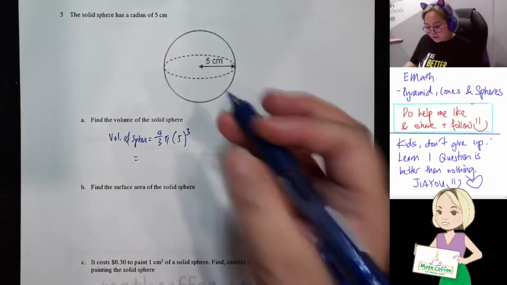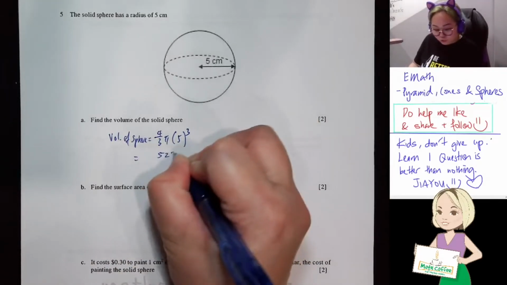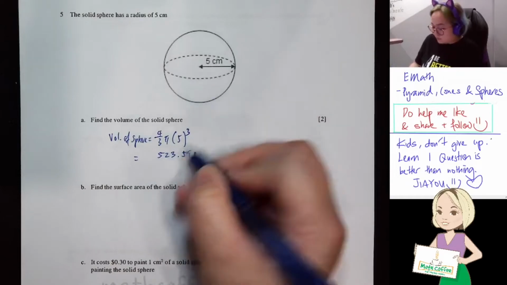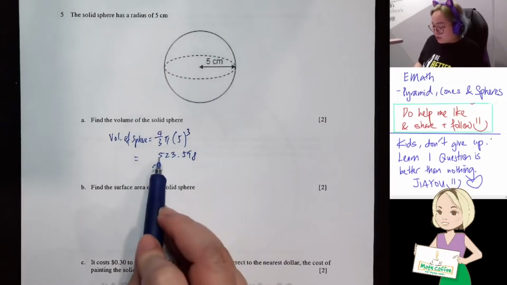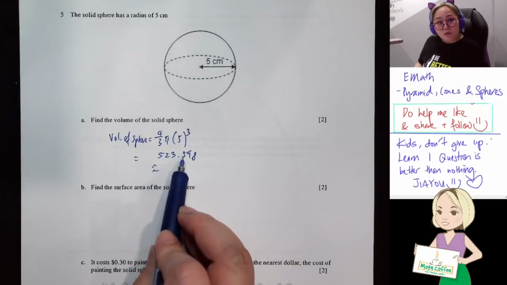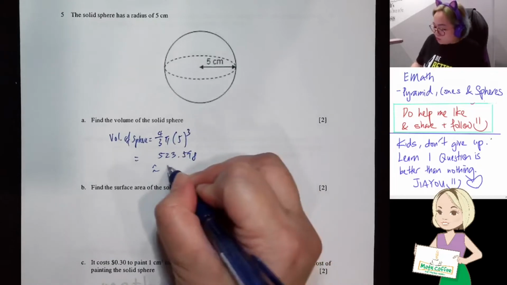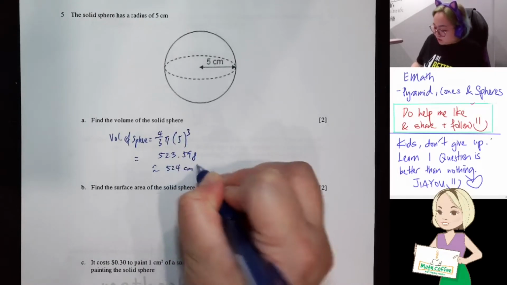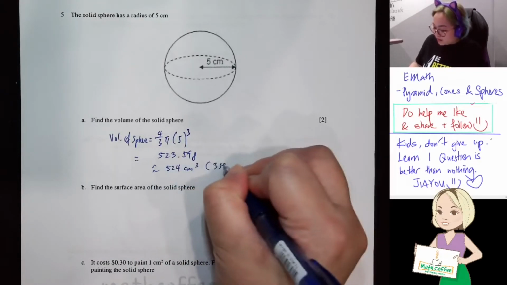And press calculator, you get 523.598. Round it off to 3SF. First SF, second SF, third SF. This is 3. So it means that you need to round up because the 5 tells me that I need to round up. So it is 524 cm cubed, 3SF.